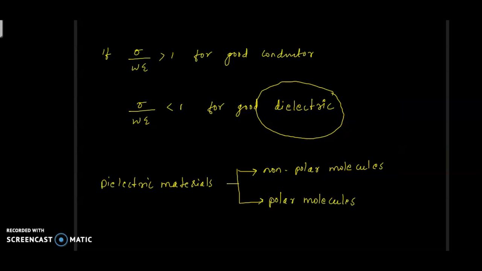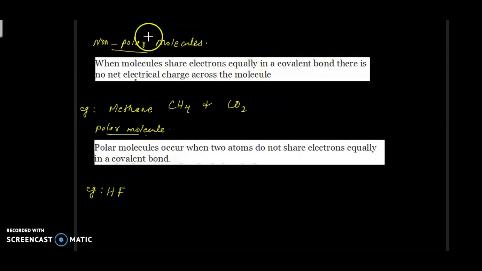Again, we can classify the dielectric material into two types: non-polar molecules and polar molecules. Let's discuss what is non-polar and polar. In a non-polar molecule, the molecules share electrons equally in a covalent bond, so there is no net electrical charge across the molecule. Examples are methane and carbon dioxide.